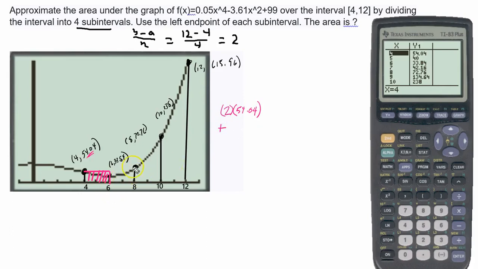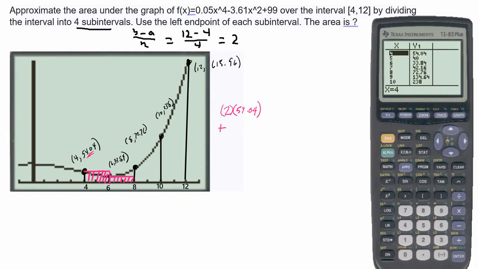Now for my second rectangle, I'm going to take this interval here. I take the left endpoint. So I take the one that's on the graph here, and I'm going to draw a straight line across. And so this is going to be my second rectangle.